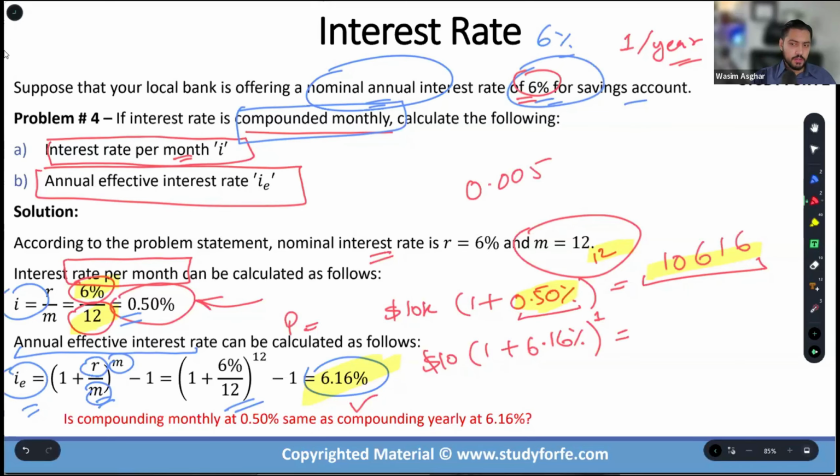And what about this? What do we have over here? 1 plus 6.16% raised to the power of 1, multiplied by 10K. What is this? Same amount, right? 10,616. Does it make sense?